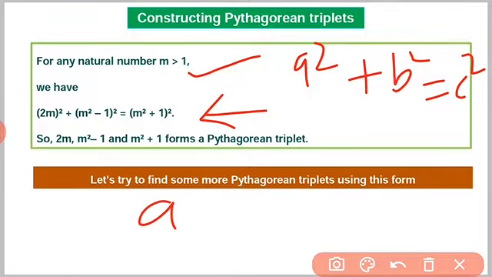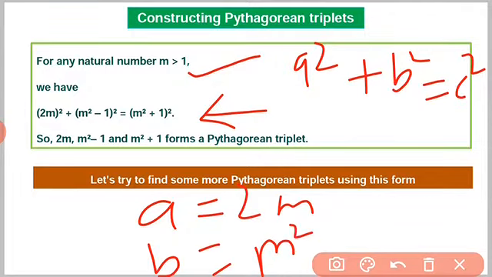Over here a is equal to 2m, b is equal to m squared minus 1, and c is equal to m squared plus 1.